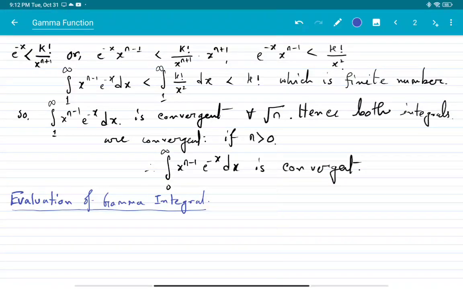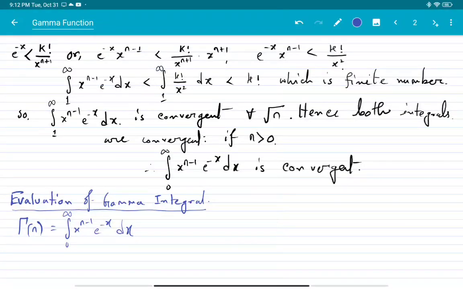As per our definition, this gamma n is written in this form: the integral from 0 to infinity of x to the power n minus 1 e to the power minus x dx. So this is the setup of the gamma function, but we don't know how to solve it and what we are left with while solving this gamma integral.